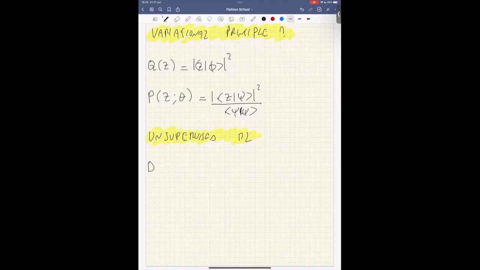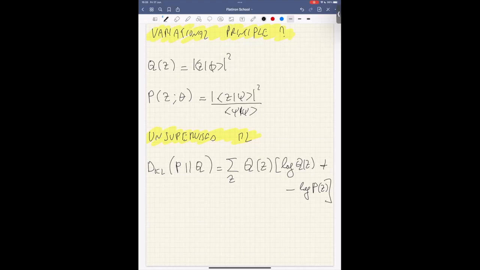And it's useful to reason in terms of this KL divergence that hopefully you've seen, the relative entropy between the distribution P and the distribution Q. This is defined as the sum over Z of Q, my unknown distribution, times the difference of the logarithm of Q of Z minus the log of P of Z. So this is really the relative entropy.